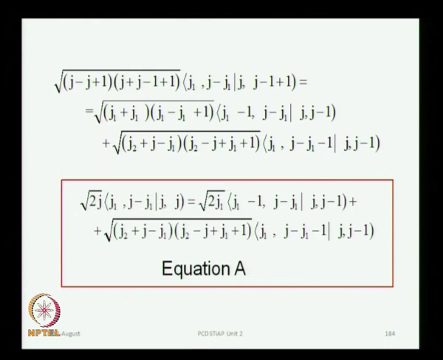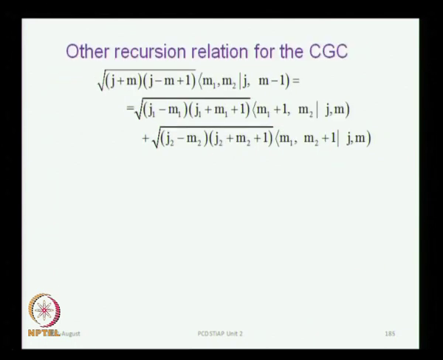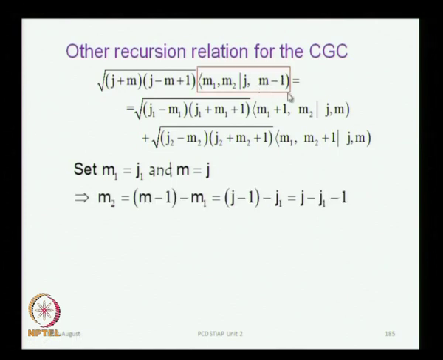Okay. Now, let us take the other recursion relation. I am just demonstrating how you play with these terms. You take the other recursion relation, which also we have proved, and in this you set m1 equal to j1 and m equal to j, but in this coefficient, you must have m minus 1 equal to m1 plus m2.